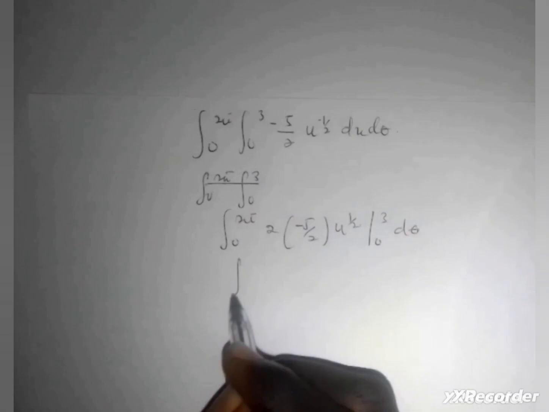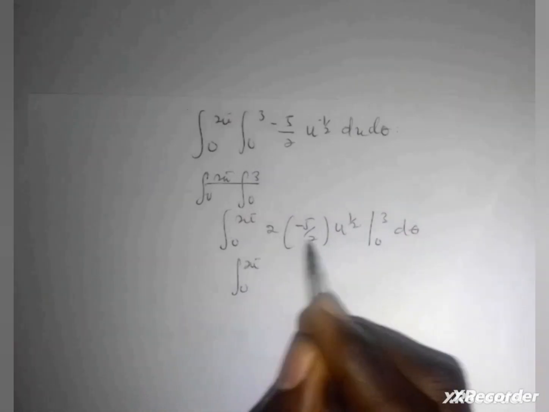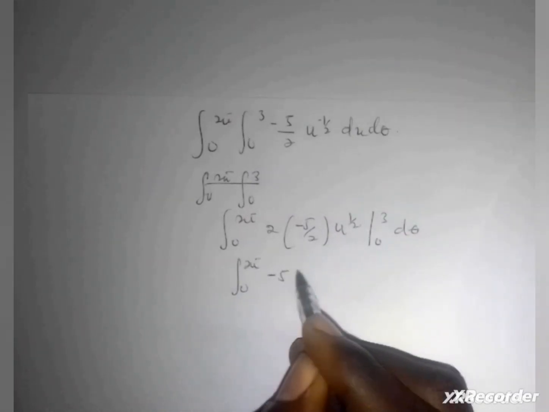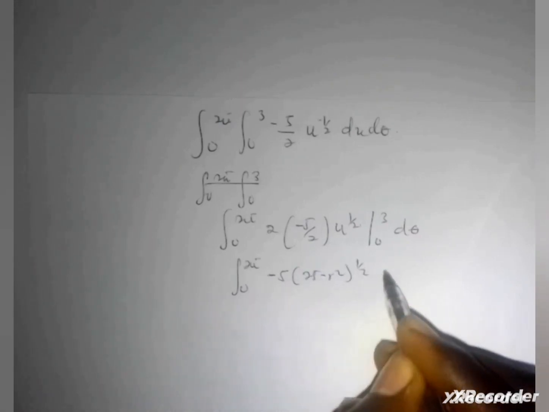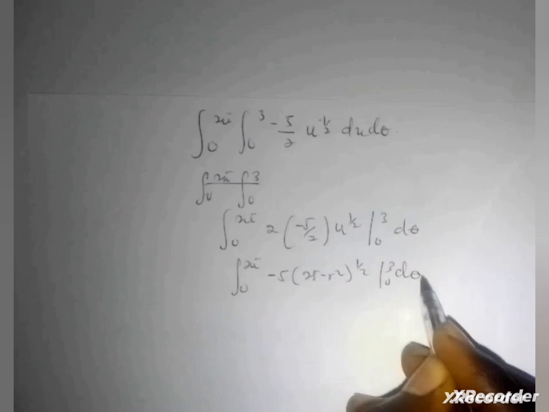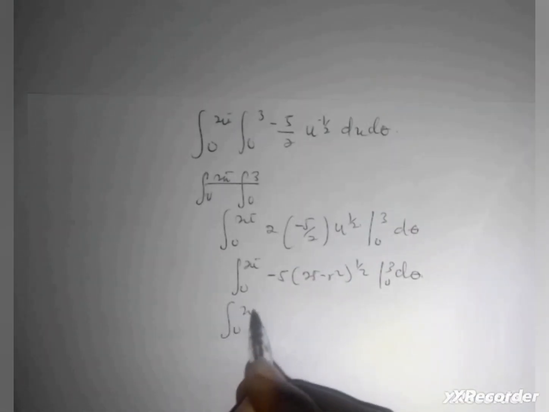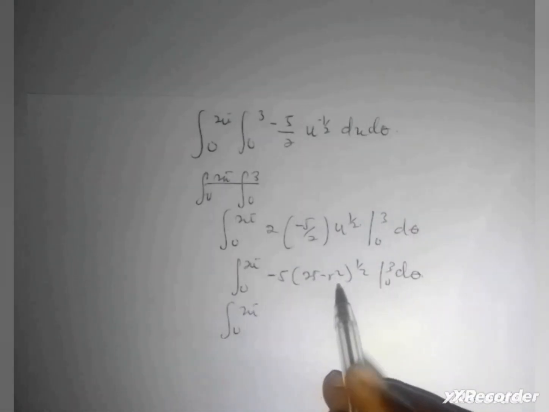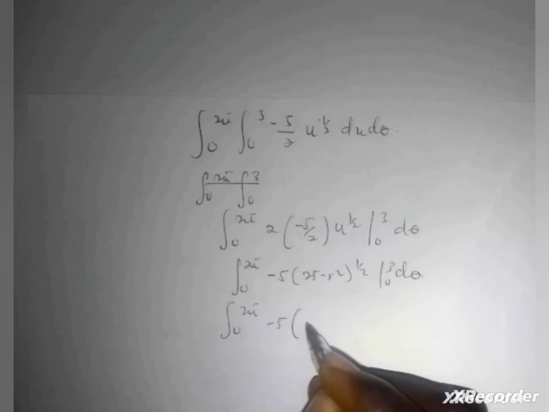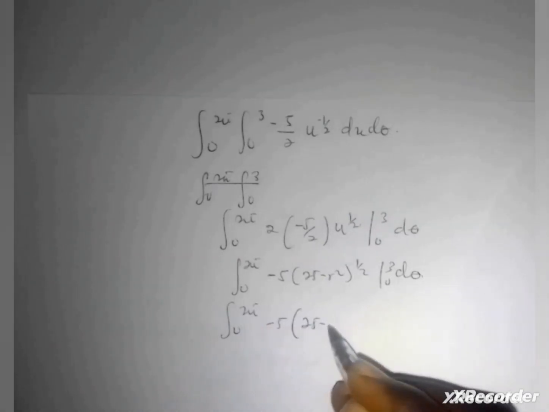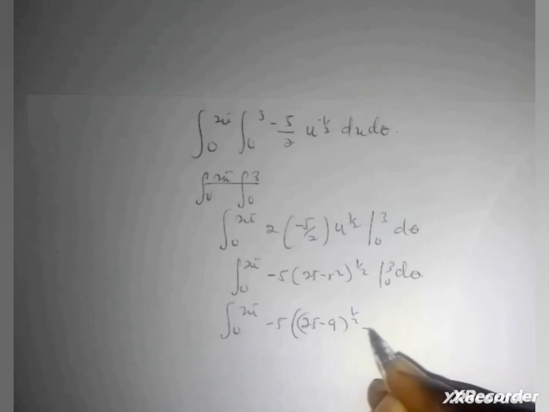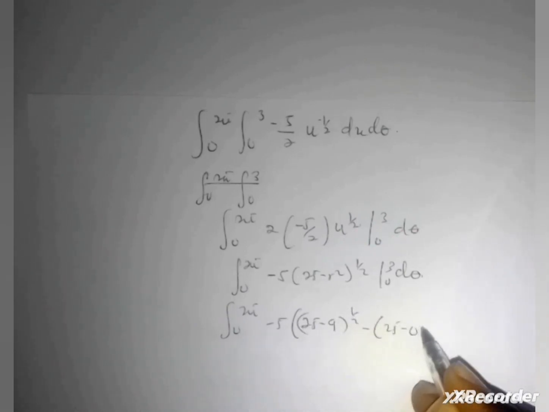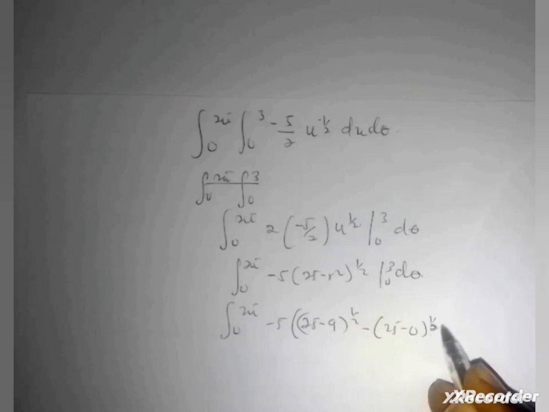Yeah, so integral 0 to 2 pi, then here I'm going to get negative 5, my u is 25 minus r squared, all to the half, 0 to 3 d theta. So 0 to 2 pi, I'm going to put 3 inside, so negative 5 out. I'm going to have 25 minus 9 to the power half minus 25 minus 0 to the power half d theta.